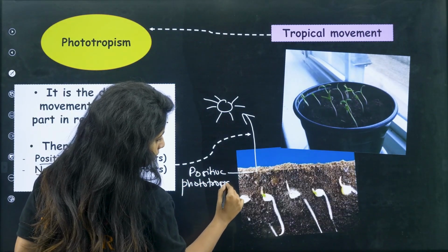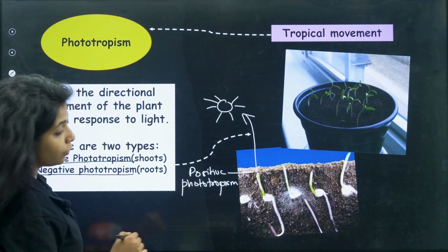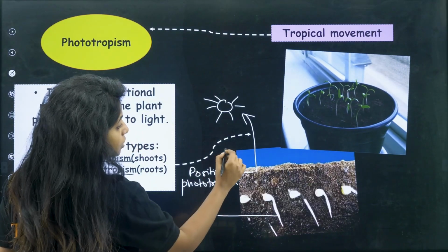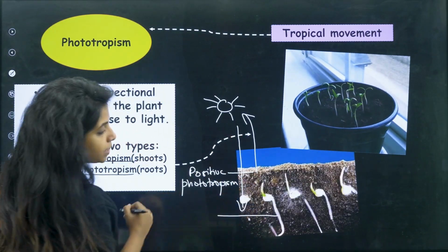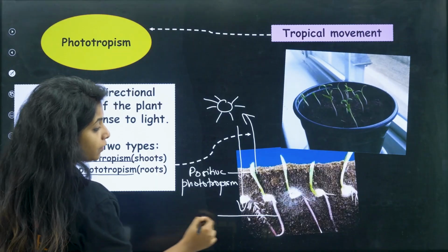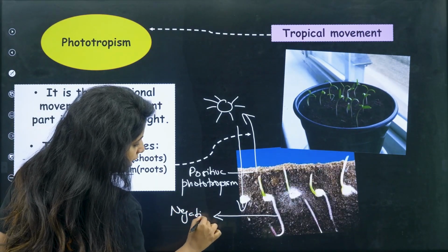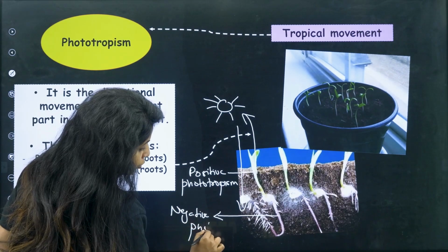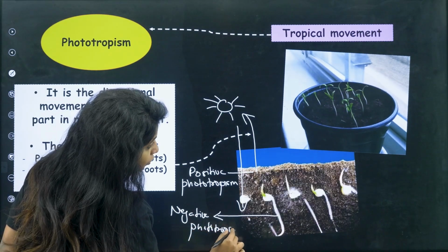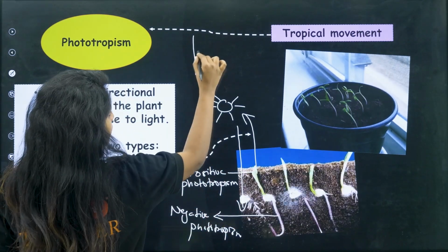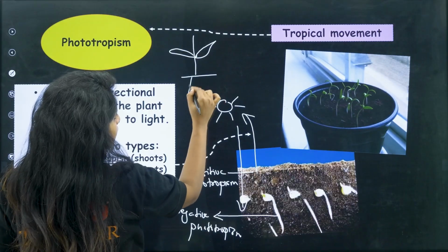phototropism. Whereas on the other hand, the root is basically moving away from the sun. Hence the root shows something that is known as negative phototropism. So whenever you make a normal plant diagram, you make it like this, right?